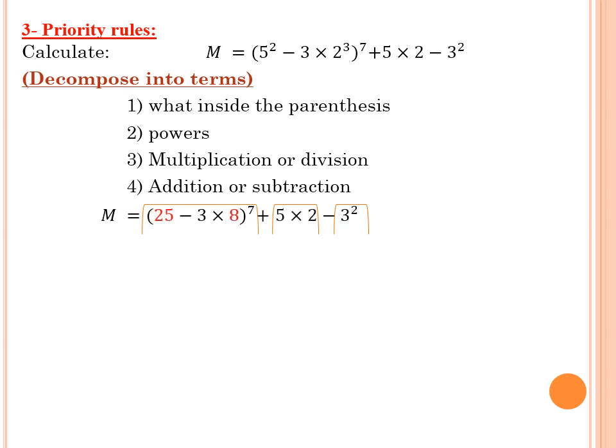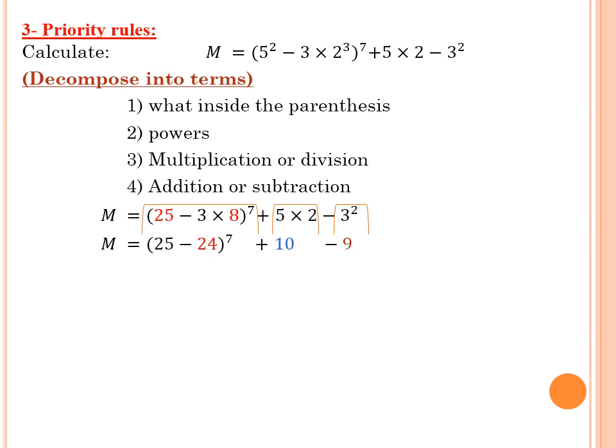What am I talking about? Let's see. 5 squared is 25, minus 3 times 2 cubed, which is 8. I'm solving now the powers inside the parentheses. The others stay the same. The next step: we have 25 minus 3 times 8. Which of them has more priority, subtraction or multiplication?